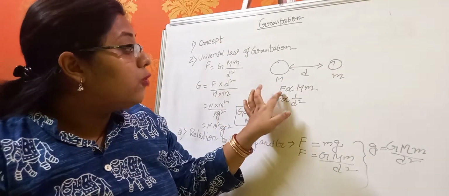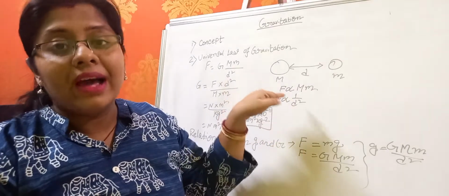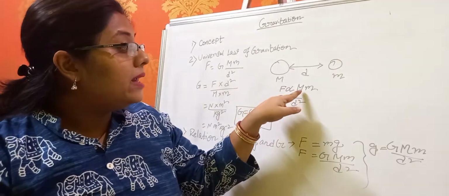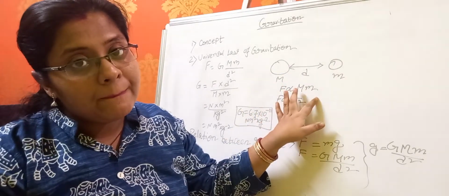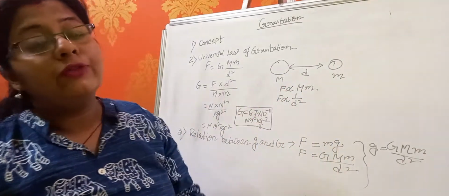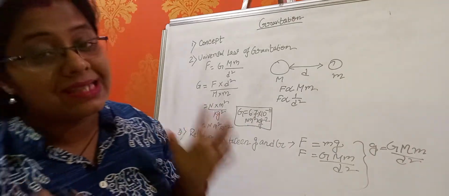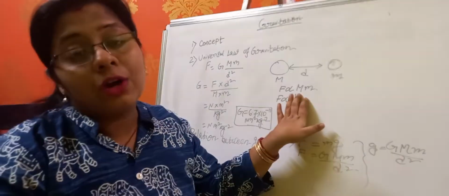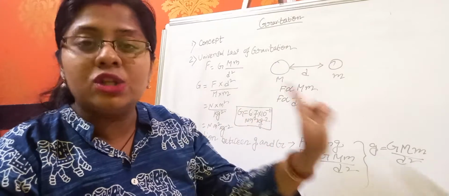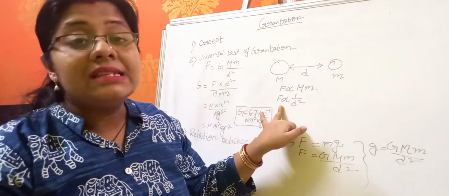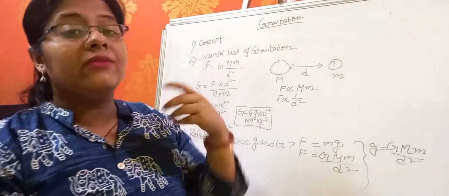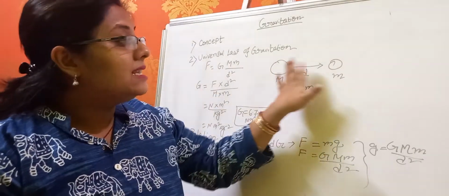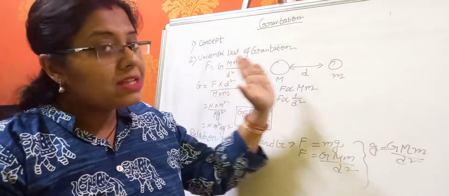So here, what is the force? We will write force proportional to m1 into m2, or you can say capital M into small m. That means the product of two masses. Then this is inversely proportional to the square of the distance. d is the distance between capital M and small m.